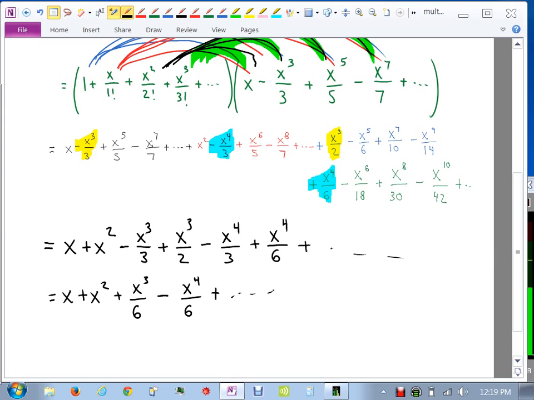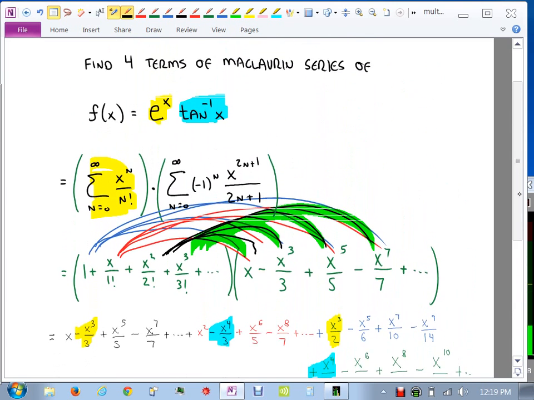Do y'all see how that worked or not? Any questions? What's wrong? Four terms of the power series. Yes, of the Maclaurin series. Well, these are the terms of our series. I'm not sure what you mean by substituting a sub 1.